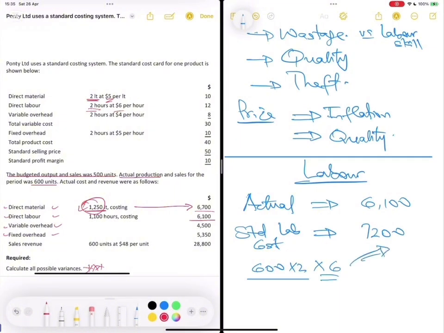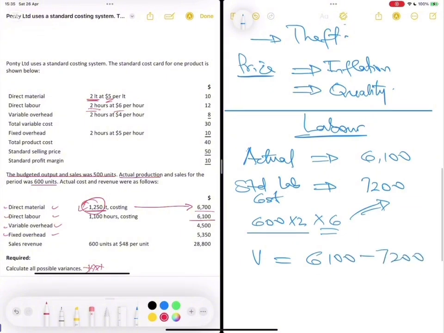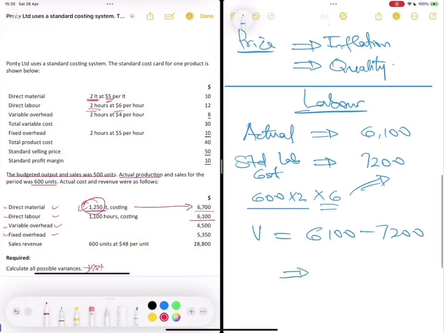Fantastic. So you are waking up now. I'm happy. So which means our labor variance will be equal to 6,100 minus 7,200. And that will give us, what is that difference? 1,100.